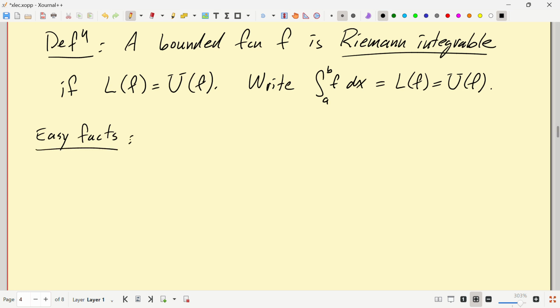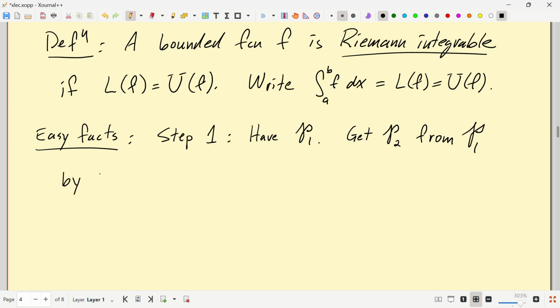Step 1: show that if you toss a new point into a partition, if you add a point to the partition, let's suppose we have a partition P1, we get P2 from P1 by adding a point, by tossing in another point.